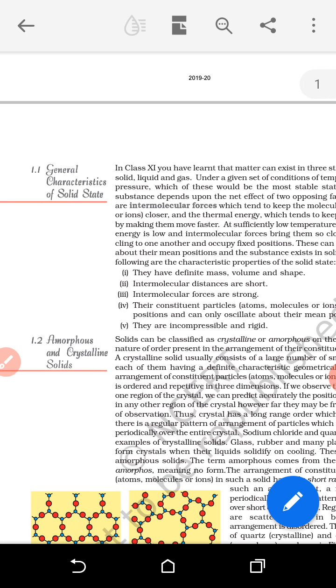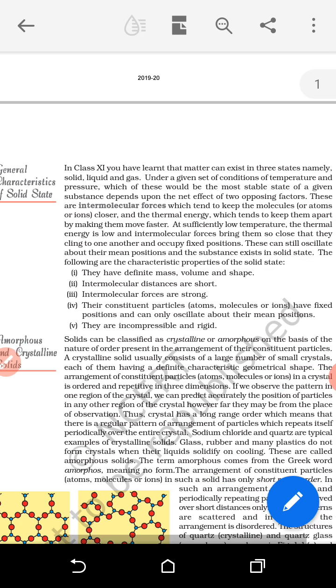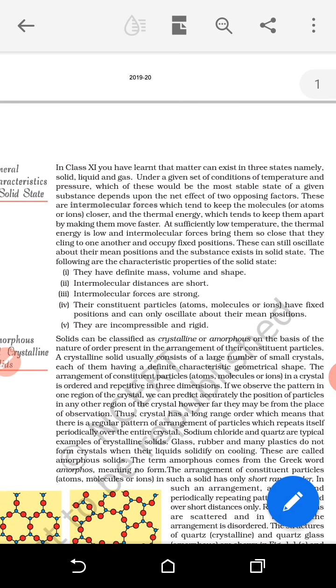First of all, we will begin with the general characteristics of solid state. As we have already studied in various classes, the solids have definite mass, volume and shape. Their intermolecular distances are very short.